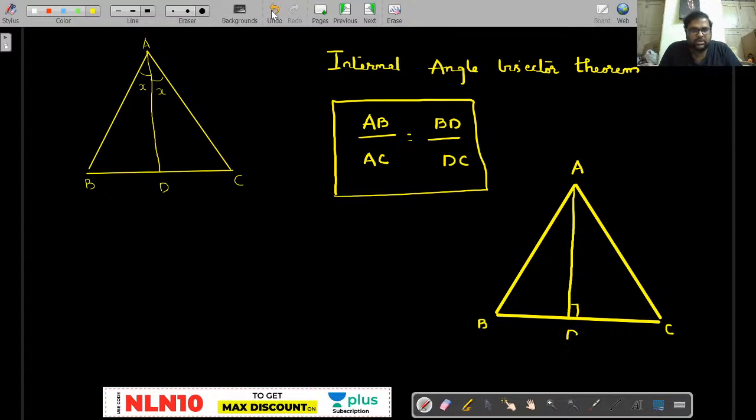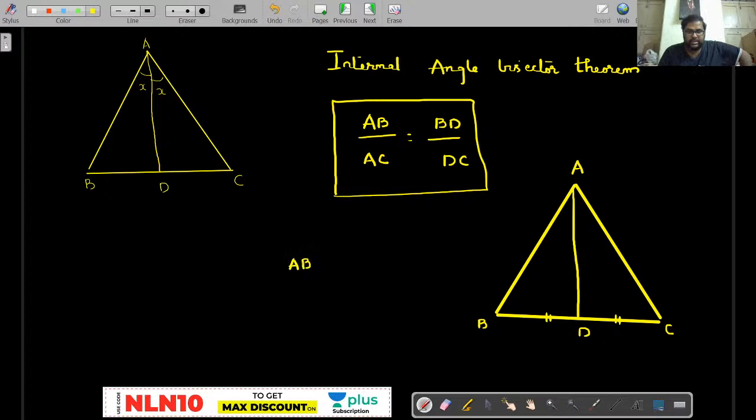Sorry, I'm really sorry. I'll draw this. AD I will take as the median. Median means which dissects the opposite line segment into two equal halves. Now how will you find your median length? There is a theorem here.